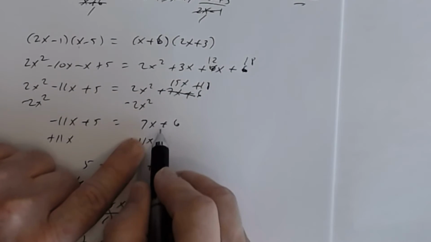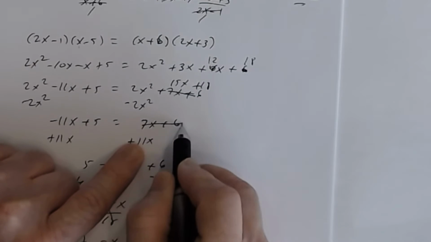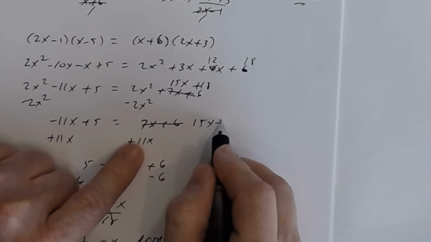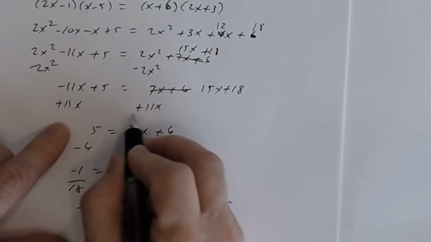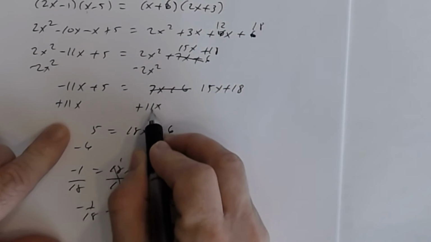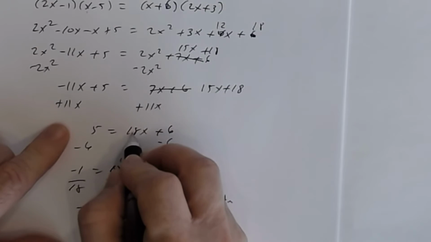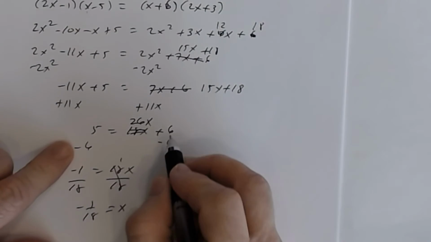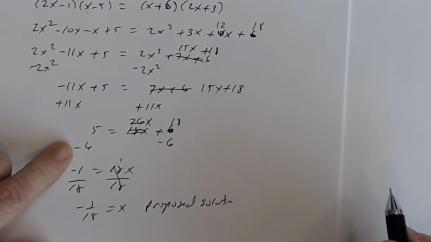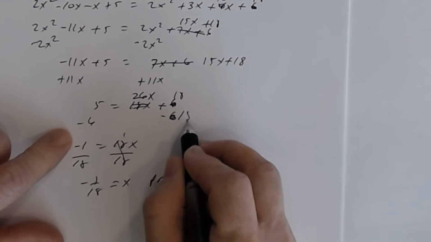Now on this side, that's going to be 15x plus 18. Now I'm going to add 11x to both sides. So 15x plus 11x is 26x, right? Plus 18. Then you're going to subtract 18 from both sides.